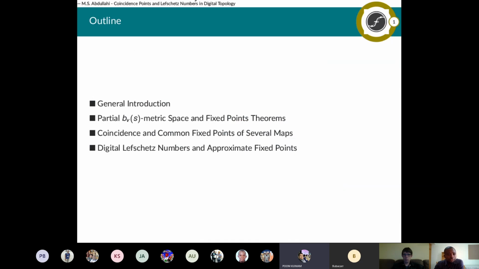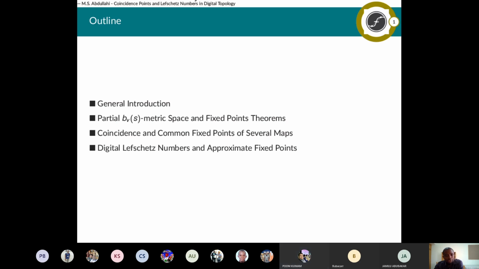This is an overview, or I can say an outline, of what this talk is all about. I will first start with a general introduction. After that, I will present the results we obtained by introducing partial b-metric spaces and studying some fixed point theorems on the generalized metric space.